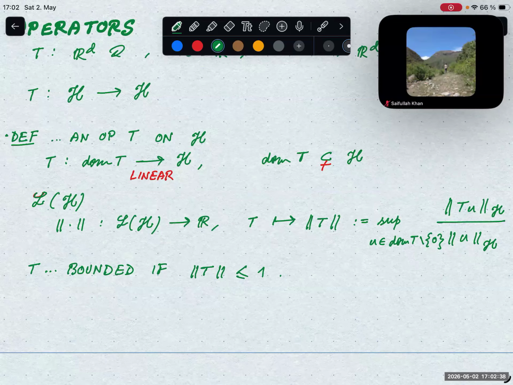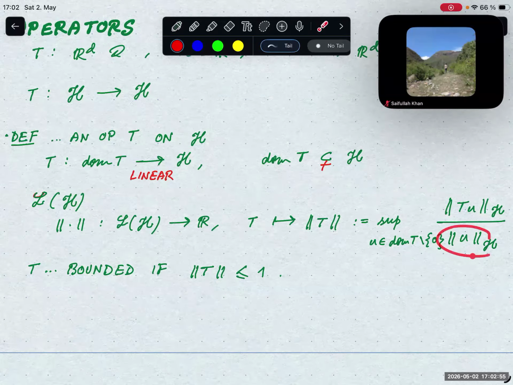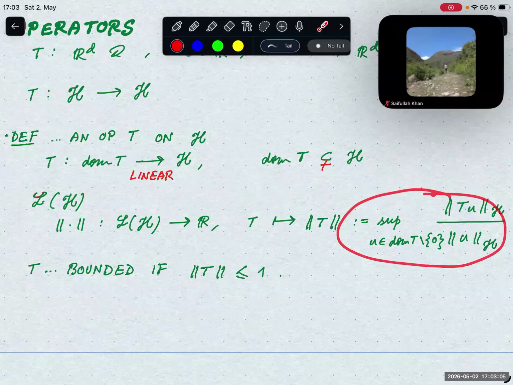You can have any positive constant. There is no problem. In this case it is 1 because we have divided out by the norm of the vector. But if we do not divide by this vector, then it can be some constant. So basically, this is bounded if this is finite. That's the meaning.